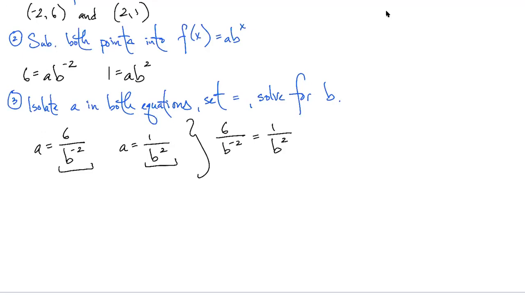Divide by 6. Okay. So when we are thinking about dividing, like 1 over B squared, there's not really anything I can do to simplify that.